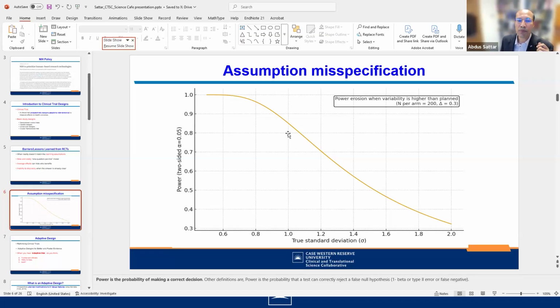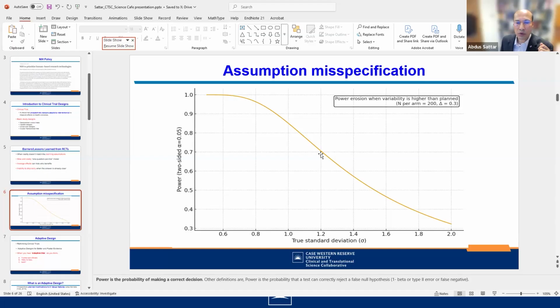We say that with the given sample size, we would have 80% or higher power with a standard deviation of 1. If the standard deviation deviates from the hypothesized value, say it is 1.2, what would happen?